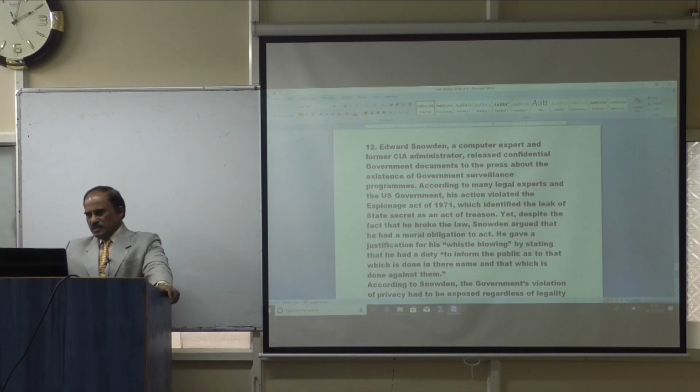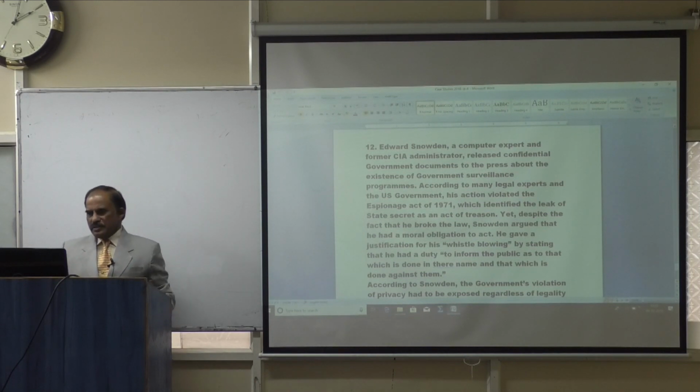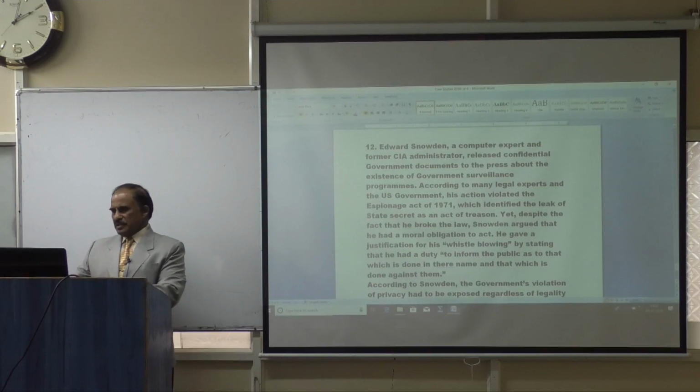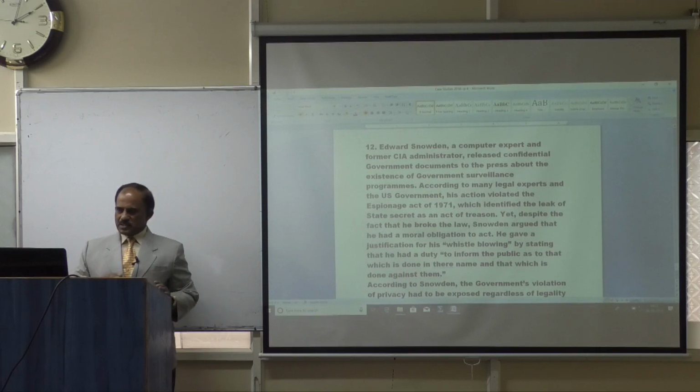But here in this case, it is against the Espionage Act of 1971, and it's a leakage of state secrets as an act of treason. So, despite the fact that he broke the law, Snowden argued he had a moral obligation to act.